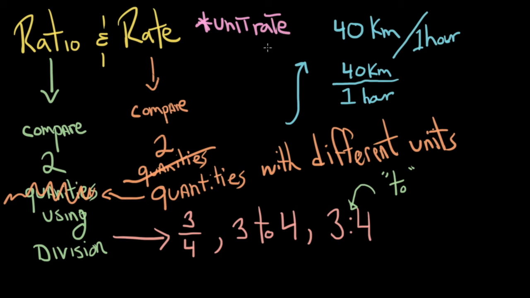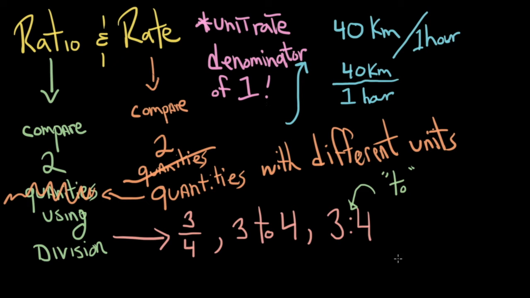The unit rate is simply when you have a denominator of 1. Your denominator has to be 1. If you look at that example on the right-hand side, the 40 kilometers per hour, is that a unit rate? Yes, because the denominator is 1.